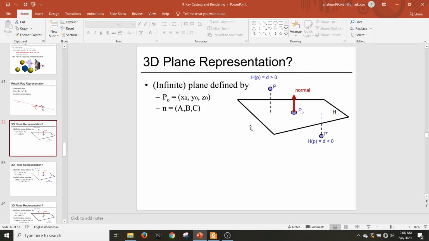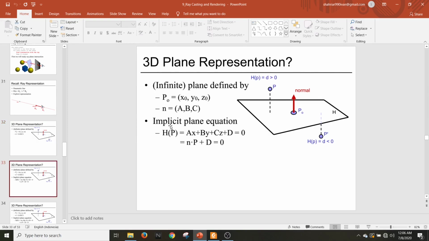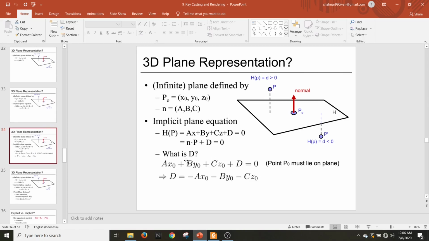And the implicit equation of the plane would be H(p) equals ax plus by plus cz plus d equals 0, and this can otherwise be written as the dot product of n and p plus d equals 0. Here n is the normal vector and p is any given point (x, y, z).